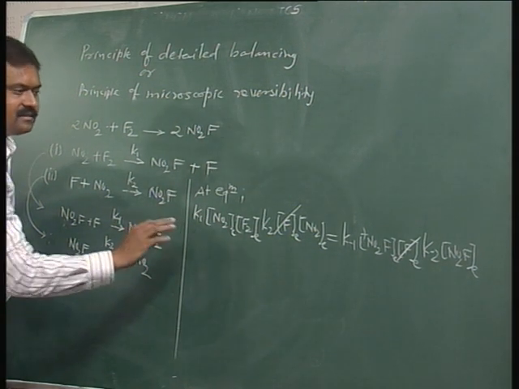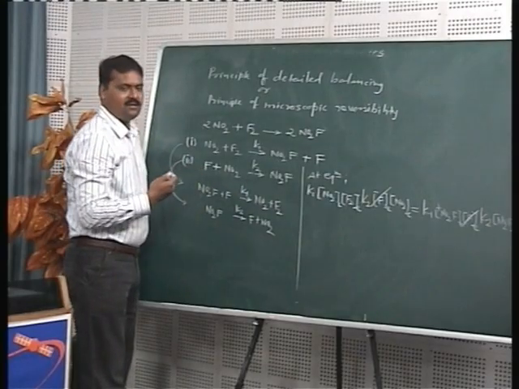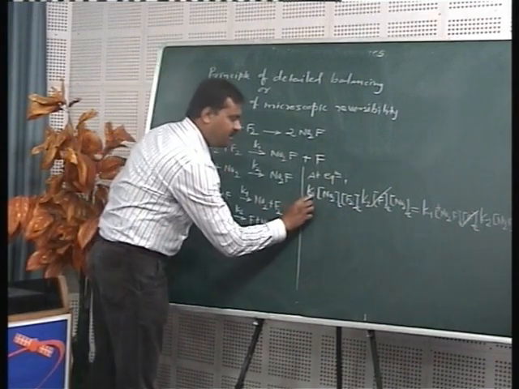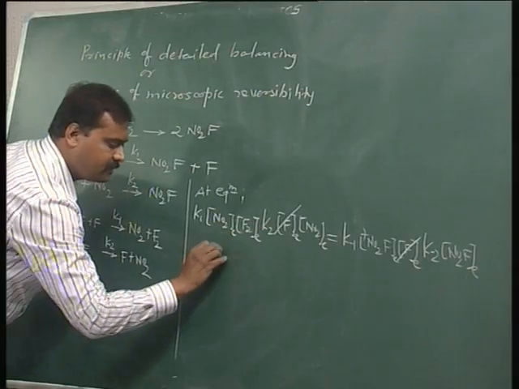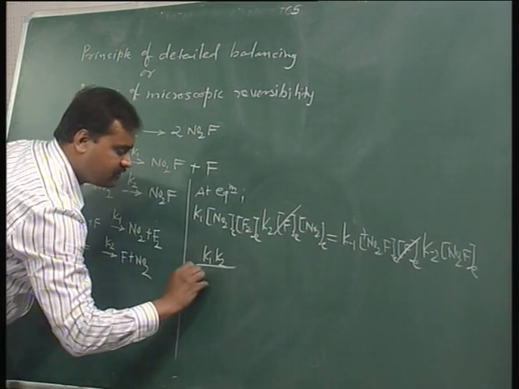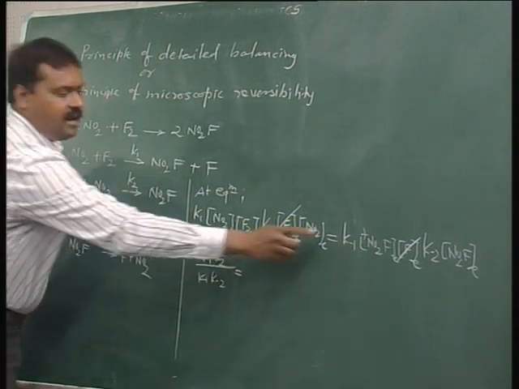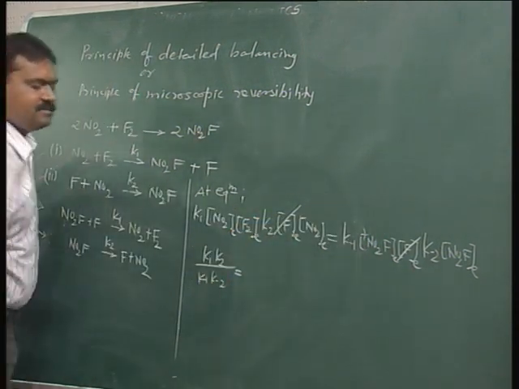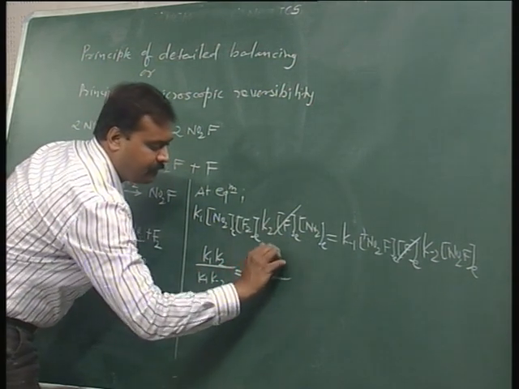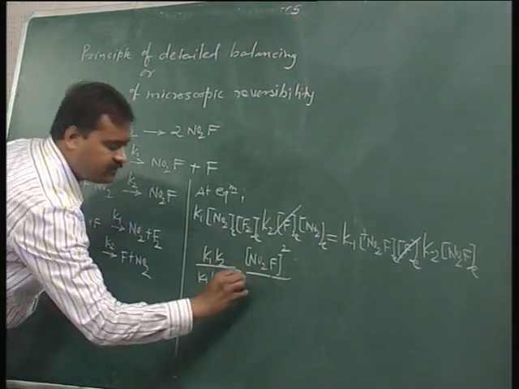Now if we rearrange this equation in such a way that the constants remain on one side and the concentrations remain on the other side, we can say that K1 into K2 divided by K minus 1 K minus 2 is equal to NO2F into NO2F, that is NO2F square, divided by NO2 into F2.